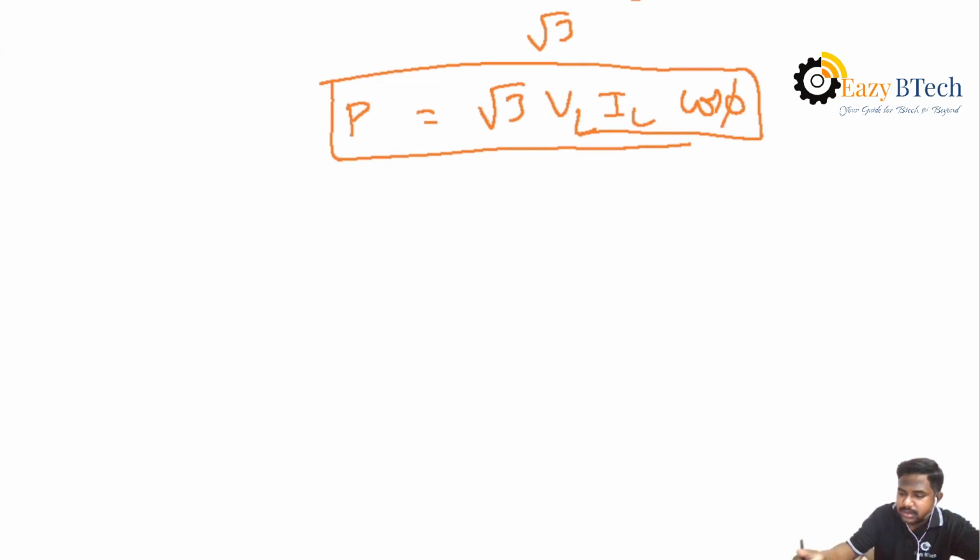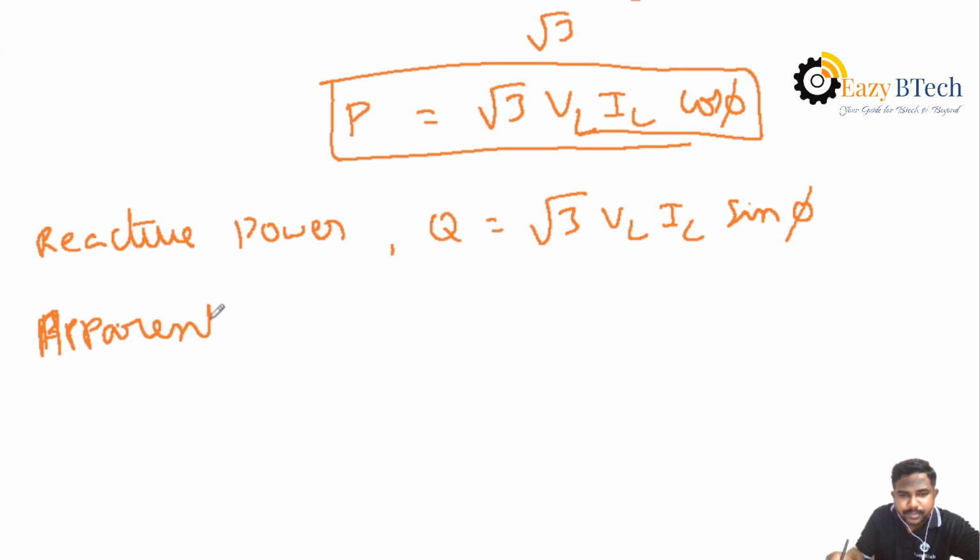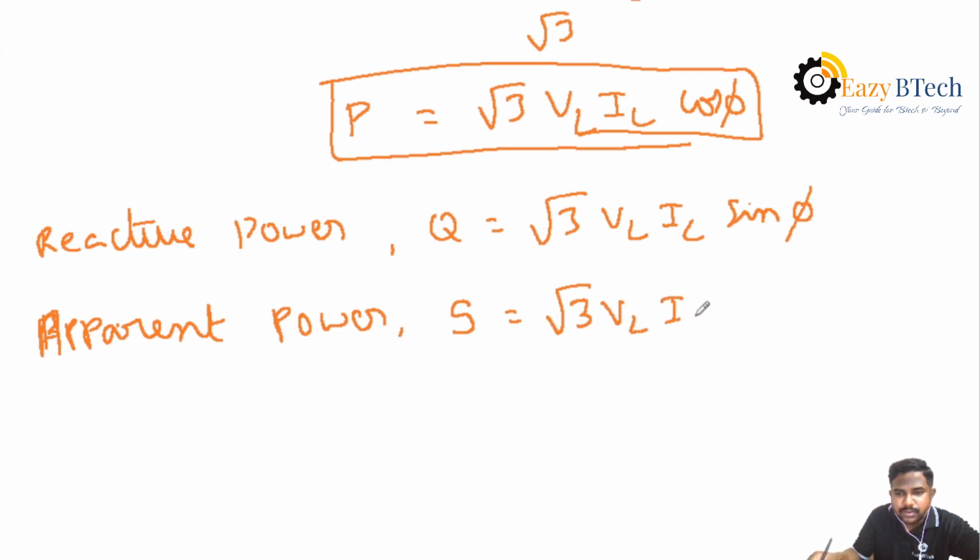Similarly, the total reactive power in a three phase system, that is Q, by the same analysis is root 3 VL IL sin phi. The last is apparent power, denoted by S, which is root 3 VL into IL.